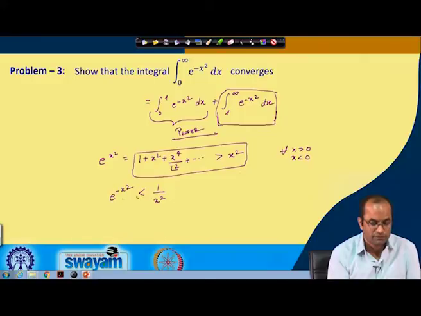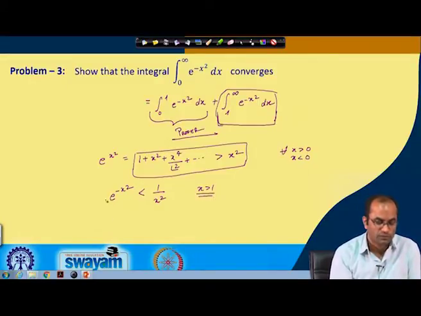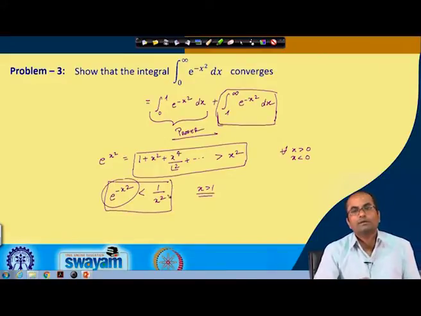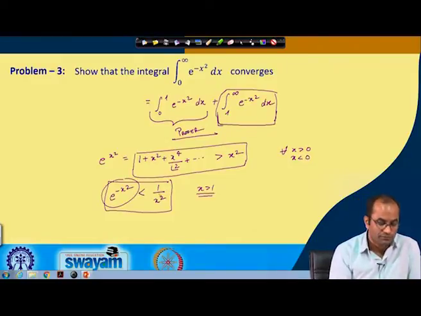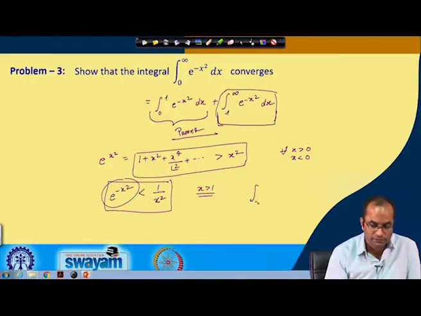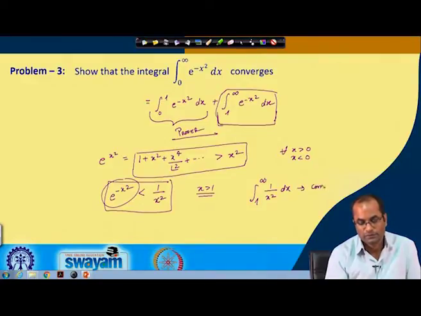So, we are not taking here x equal to 0. Indeed, in our problem now x is larger than 1. So, this is naturally true for x larger than 1. So, we have this result that e power minus x square, our integrand here, is less than 1 over x square term. And we also know the test integral, 1 to infinity 1 over x square dx, that this converges.